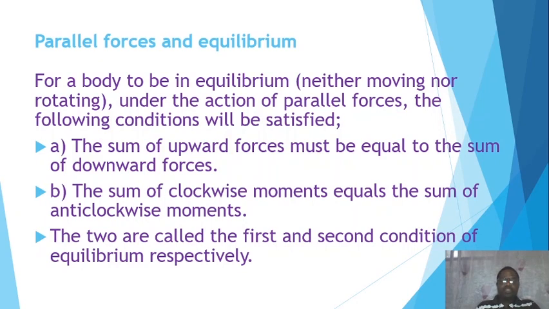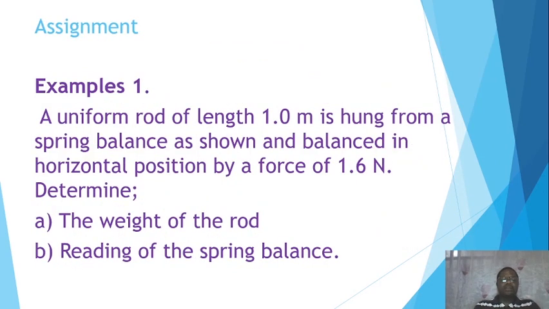It is an examination question. They will ask you to state the conditions for equilibrium of a system acted upon by a system of parallel forces. You see that we have two conditions. Number one, the total upward forces must be equal to the total downward forces. Number two, the total clockwise moment must be equal to the total anti-clockwise moment.